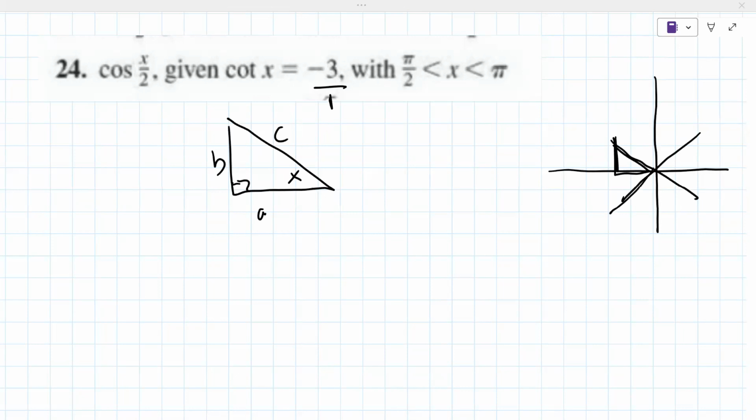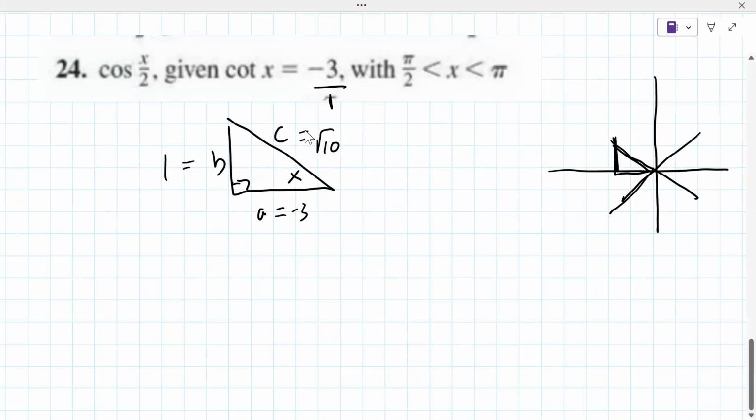A would be -3, B would be 1. Why isn't it the other way, that B is -3 and A is 1? Because it's cotangent, it's the inverse, not tangent. Okay, so what would C be? √10. Root 10. All right, good.